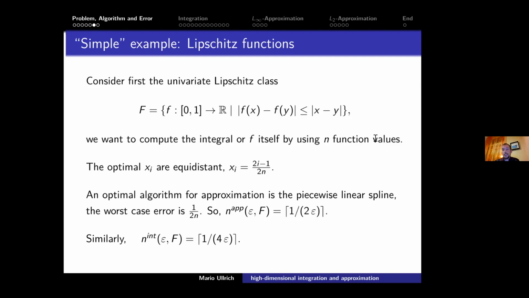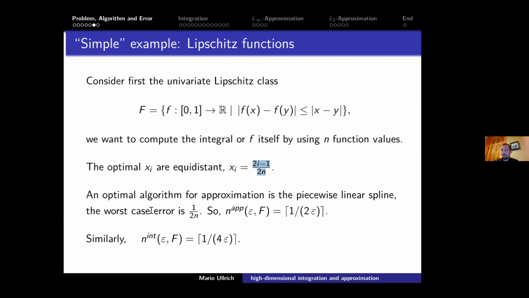What's well known to the community is that we even know the optimal points that we need for function evaluation, and they are just equidistant. Equidistant points at these positions here, compute the function values of f, and then for approximation you just use the linear spline. Similarly, you can do it for integration.